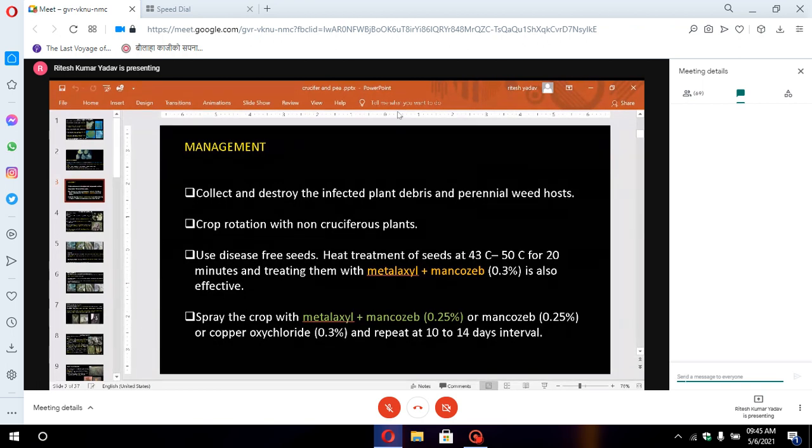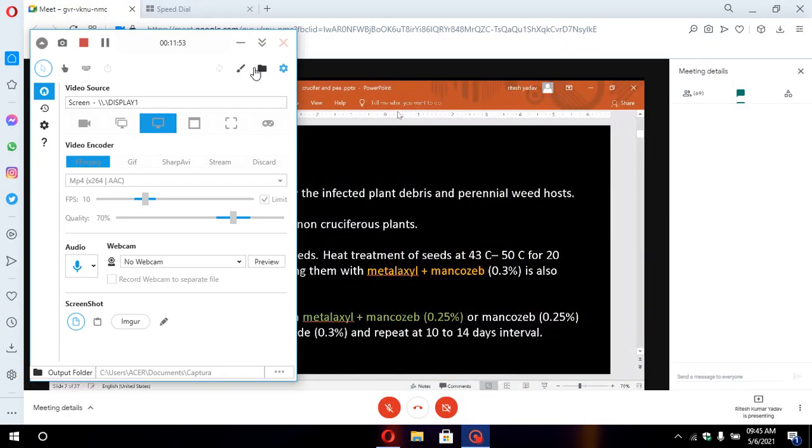In those conditions, crop rotation is recommended with non-cruciferous crops. Again, since this is a seed borne disease, hot water treatment can be done, but that is not possible in our context because we don't have a specialized unit for hot water treatment or hot air treatment.